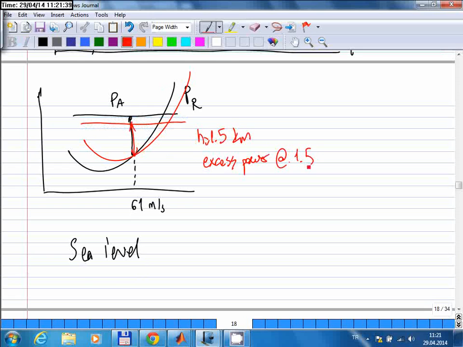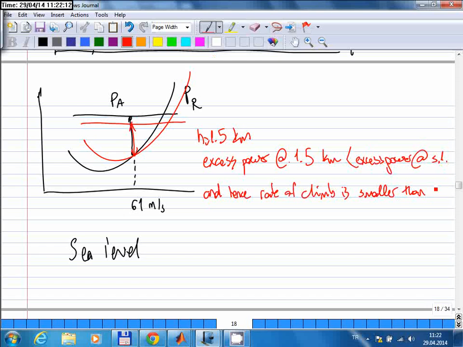Excess power at 1.5 kilometers is less than excess power at sea level, and hence the rate of climb will be smaller than 5 meters per second. Let me just switch to typing.